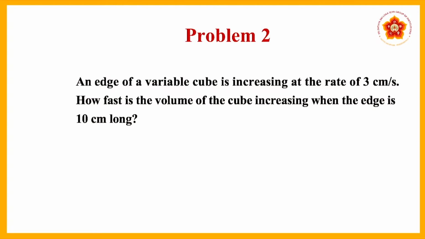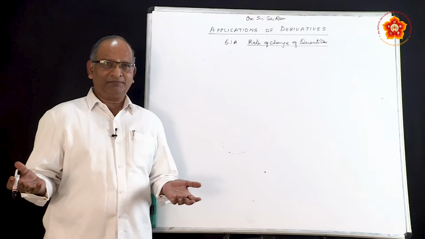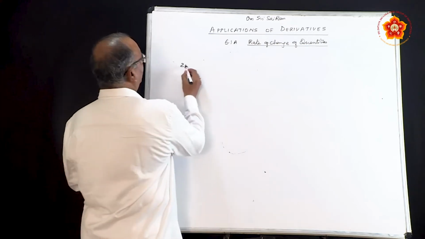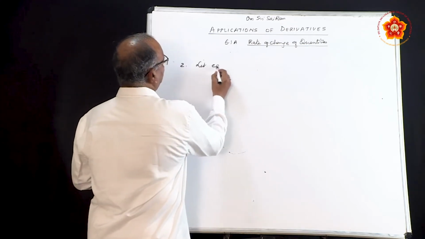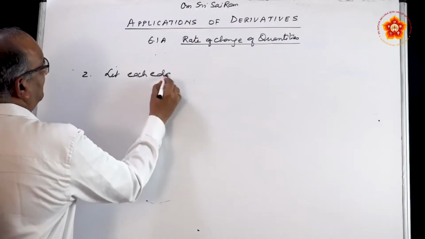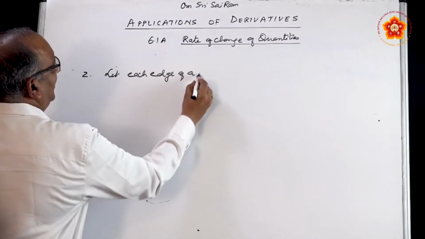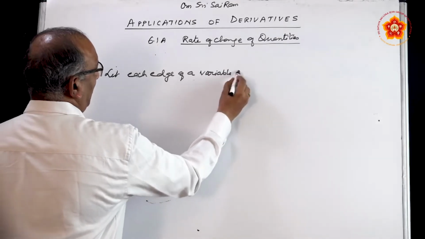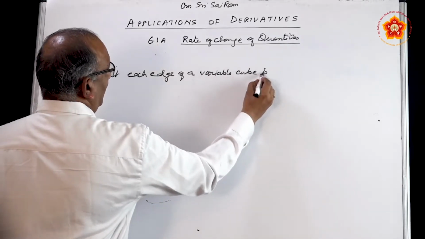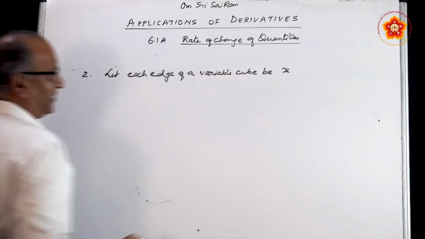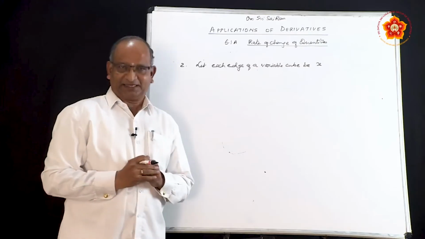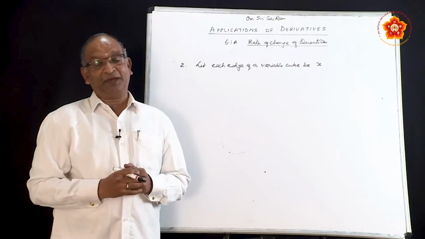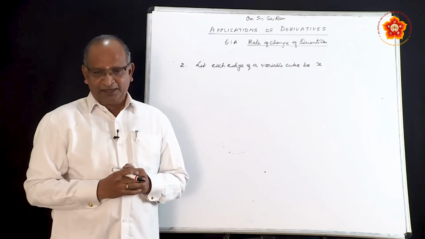You can assume the edge either as L or X, that is up to you. So, let us see this problem. Let each edge of a variable cube be X. We are assuming that each edge is X. What will be the surface? Surface will be X square because it is going to be a square.